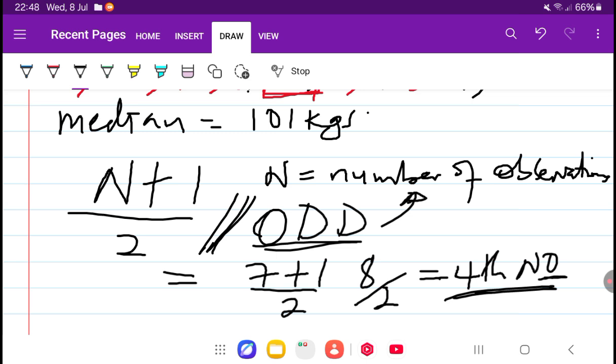The 4th number will be our median. So let's look at the data set and try to count and see. Of course, it is the same procedure. You first arrange the data and then you count.